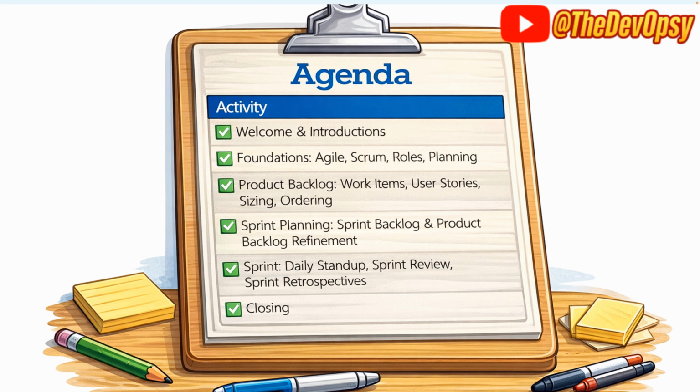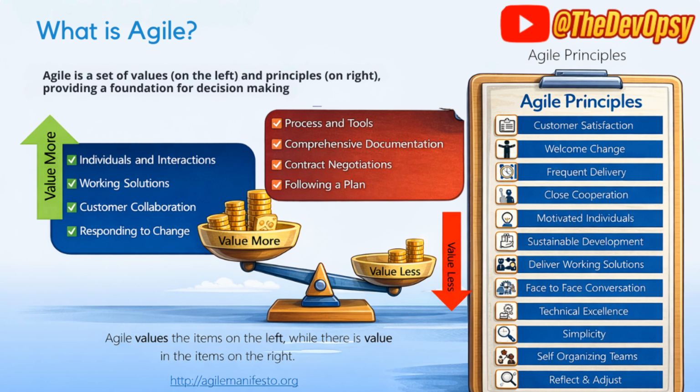Now, let's talk about what is Agile. Agile is a set of values and principles providing a foundation for decision making. There are a lot of values and principles associated with it, which help the team form beliefs about how to make decisions, which in turn drives the way the work gets done.